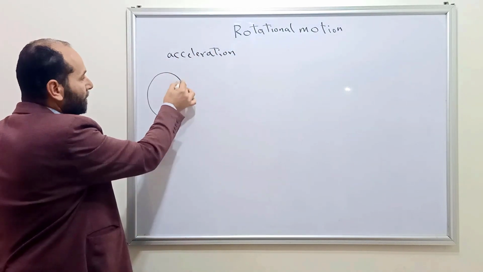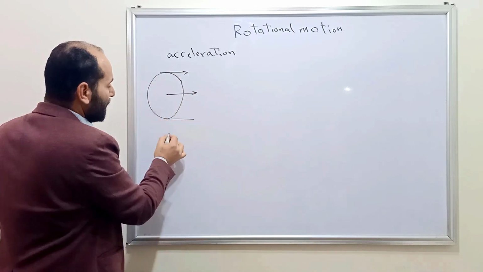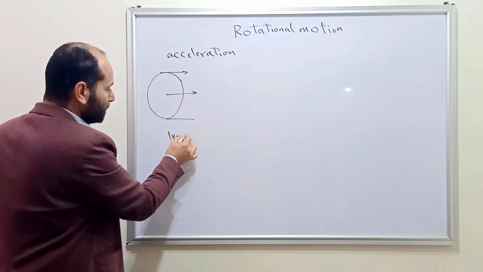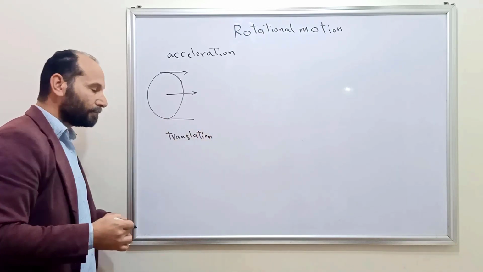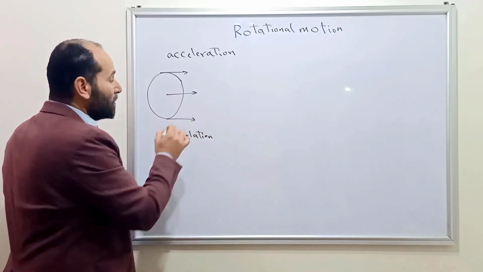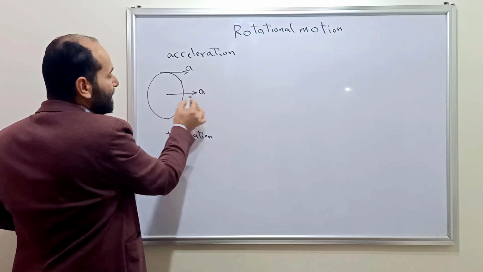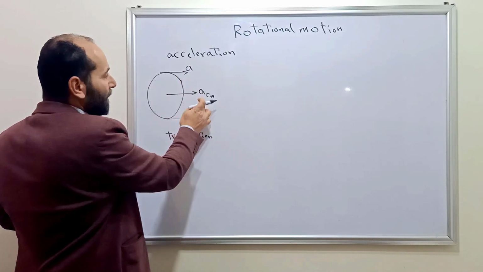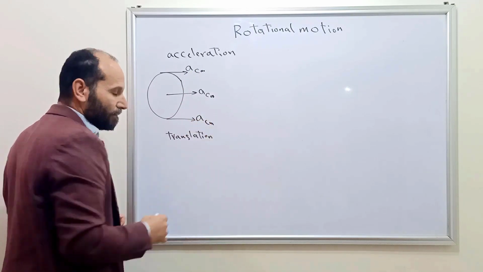If you have a circle moving in translation, it moves with the same acceleration A of its center of mass. So here ACM, ACM here, ACM here.